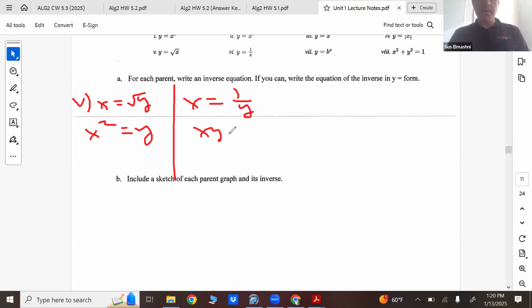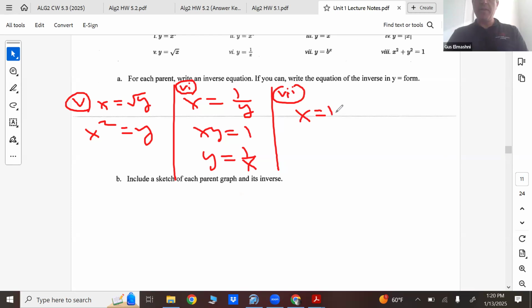So xy equals 1, and it gets back to the same thing. That's for 6. For 7, x equals b to the y.